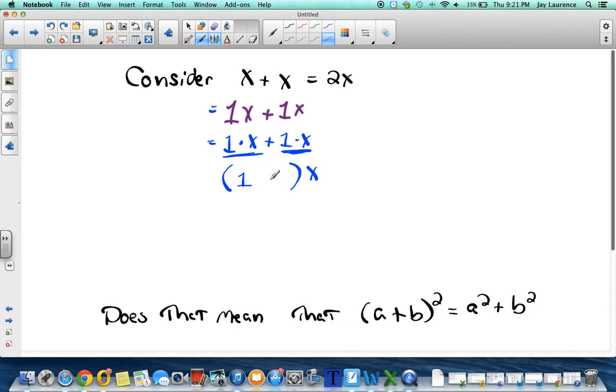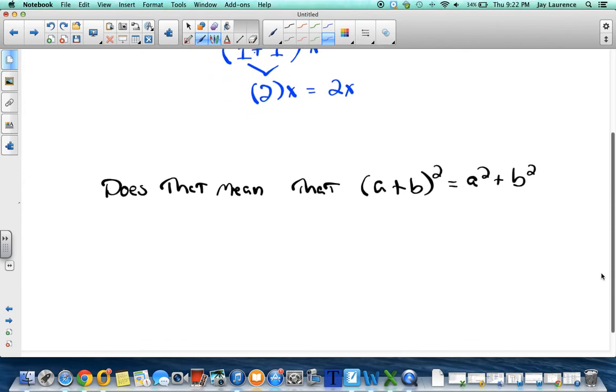And over here is a 1, both positive. And then what's 1 plus 1? Well, 2. And 2 times x is 2x. And look at that, I demonstrated that x plus x must be 2x. And I did that using the distributive property, or the converse of it. I went backwards on it.